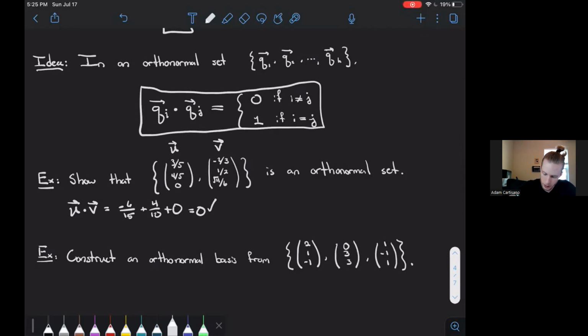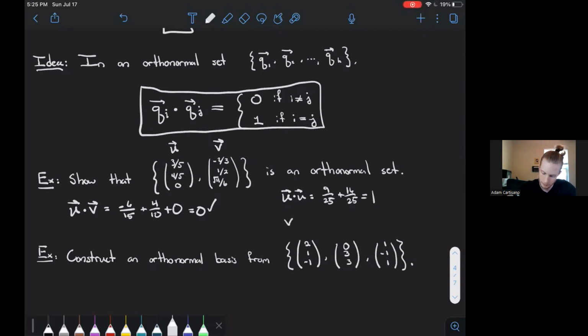But we have to show that u dot u is equal to 1. Well, u dot u is 9 over 25 plus 16 over 25, which is 25 over 25, Pythagorean something.